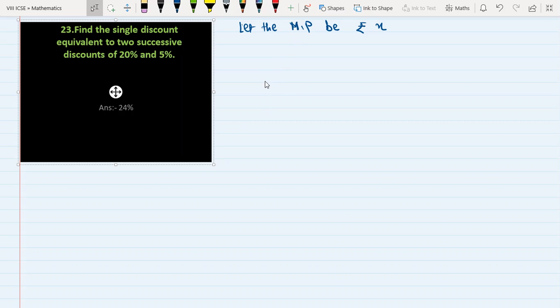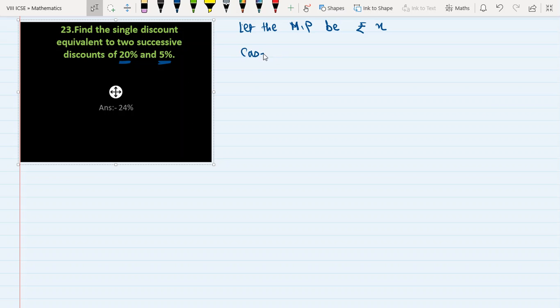So we have to find the single discount which is equivalent to 2 successive discounts of 20% and 5%. First, we have taken mark price as x. Let's apply the 2 successive discounts of 20% and 5% on this mark price.